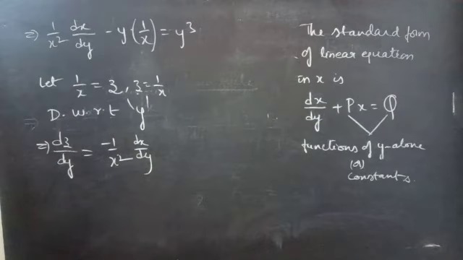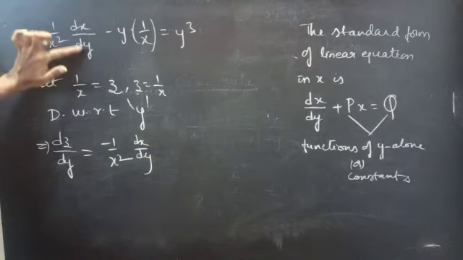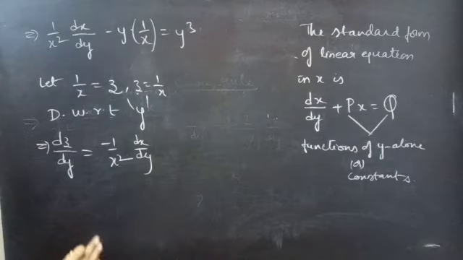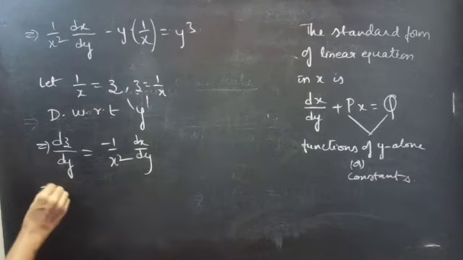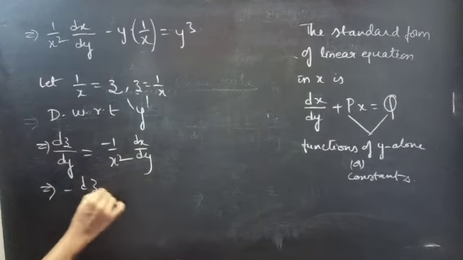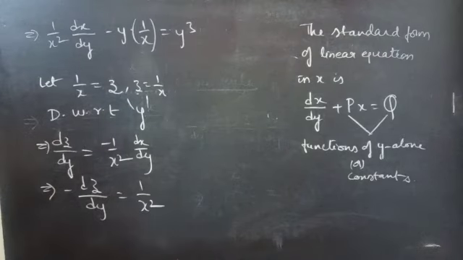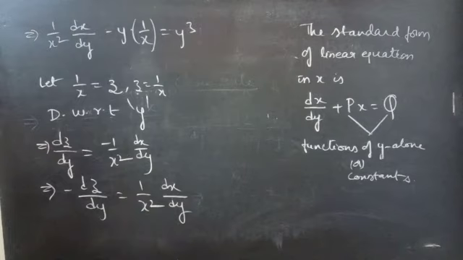Fine. Now coming to the first term, here you are having positive 1 by x square into dx by dy, but we got minus 1 by x square into dx by dy. So what we'll do to eliminate minus is, we'll simply multiply both sides of the equation with minus, then you'll get minus dz by dy equals to 1 by x square into dx by dy, right?